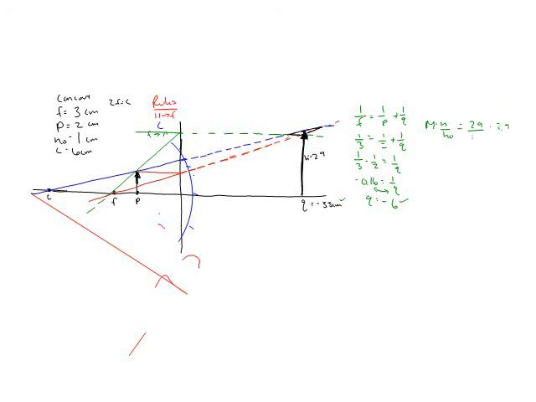And magnification is also equal to negative Q over P. Let's double check that using the calculated values, the ones that are given, so that we have something to compare it to. Negative Q would be negative 6 over P, which is 2, giving us 3. So 2.9 and 3, it's not off too much. It's not bad. So I would call that okay as well. So even though we ended up with this big convergent area that's not quite converging, it's still good enough.